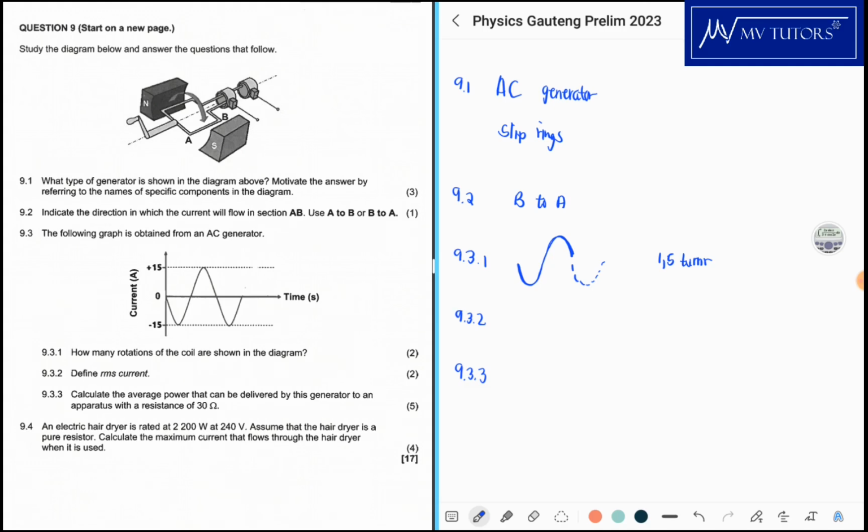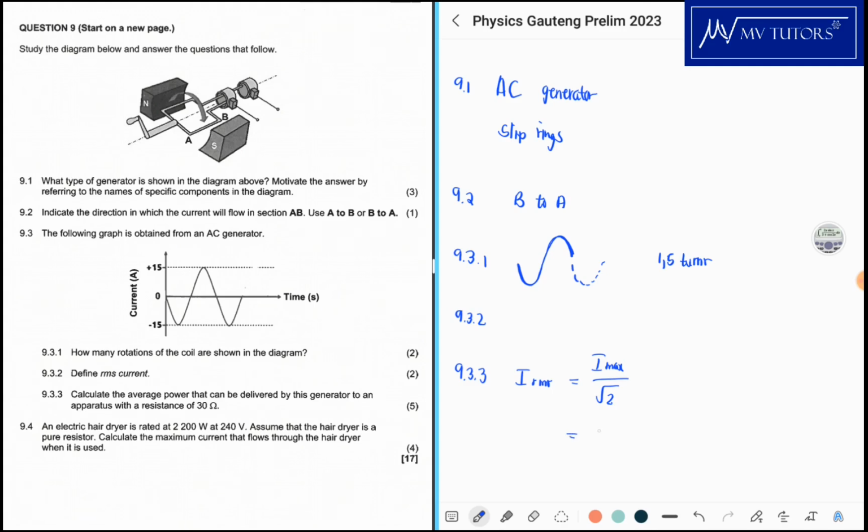So calculate the average power that can be delivered by this generator to an apparatus with a resistance of 30 ohm. Okay, so firstly you're going to use your formula, IRMS, not Imax. IRMS is equal to the maximum current divided by root 2.